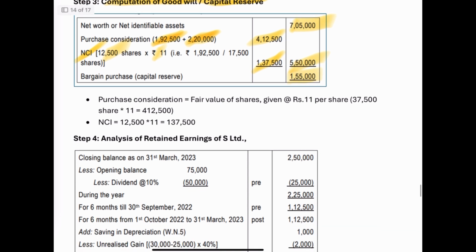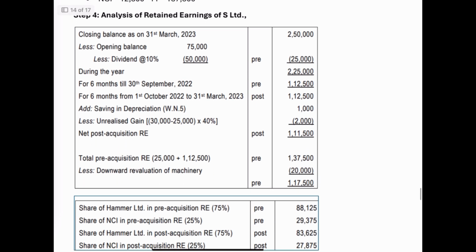Okay, then let's get into the next step. Here we have to analyze the retained earnings of S Limited. Okay, so first we'll analyze the retained earnings, then we will also analyze the general reserve of the subsidiary. Okay, it's quite interesting. So retained earnings as of 31st March 2023 is given as 250,000.